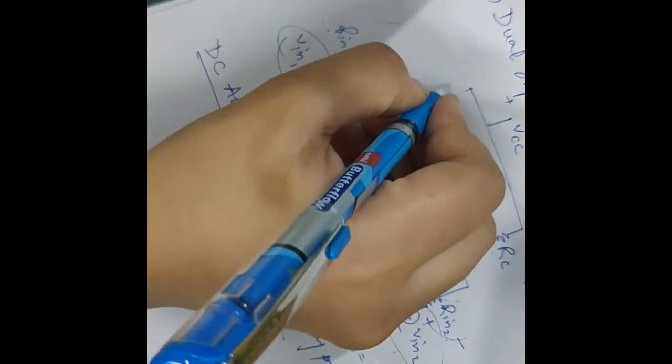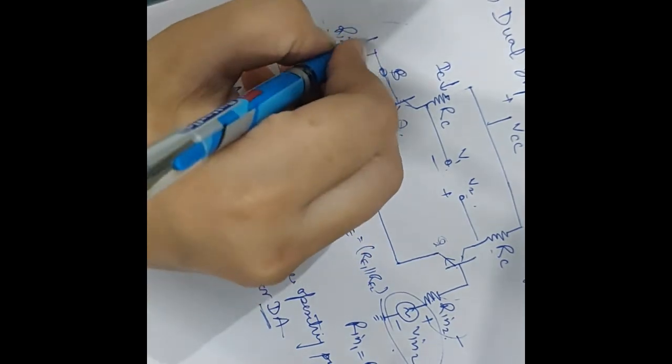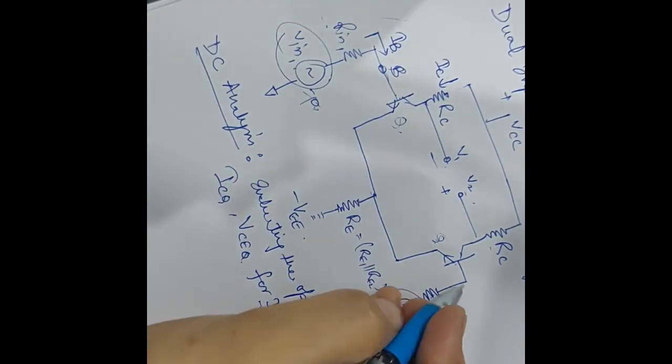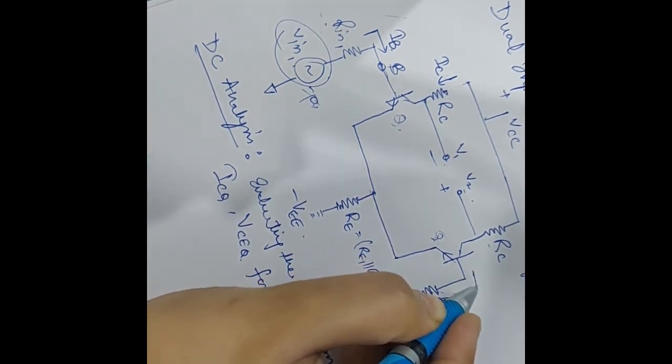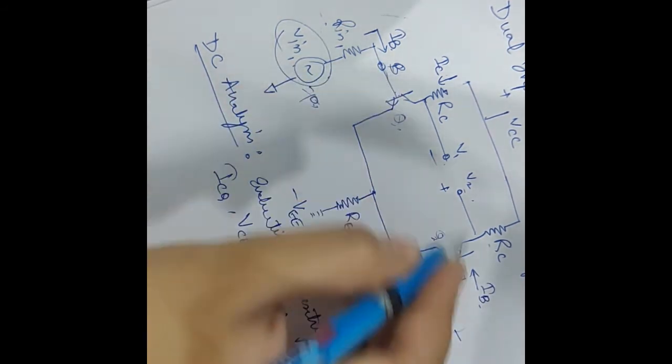So the current which is passing through the circuit is IC. The current which is flowing into the base terminal is IB. Similarly, we are assuming that both currents at the input terminals are similar.